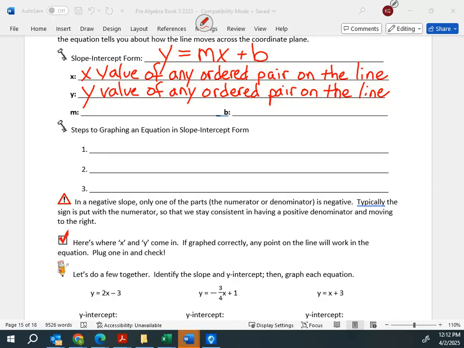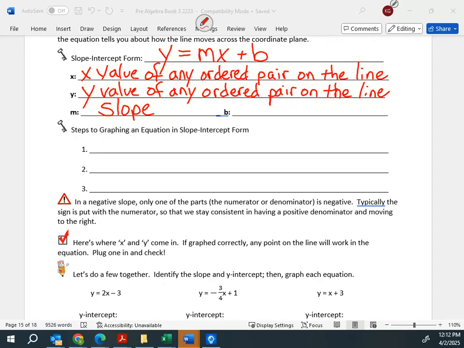We have two other letters, the m and the b. m is our slope. And remember that slope is the rise over the run: how many up or down over how many to the right. Positives and negatives. Remember, if we go up, it's a positive. If we go down, it's negative. So it's really important that we remember when that slope is going to be negative. That means the line is going down.